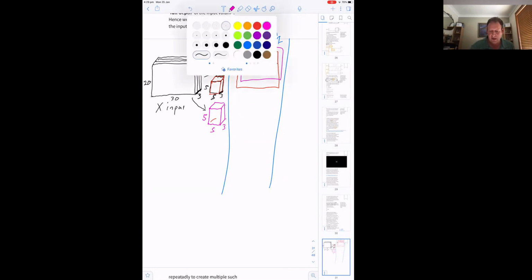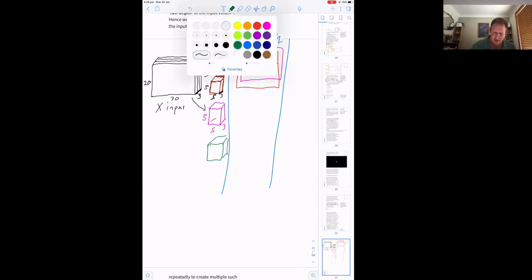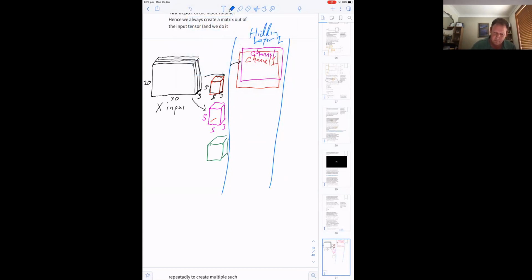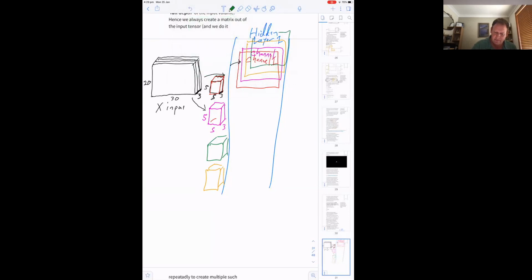And then we can have maybe a third filter, and let's just do a fourth filter. And that means we'll have a fourth channel and a third channel.